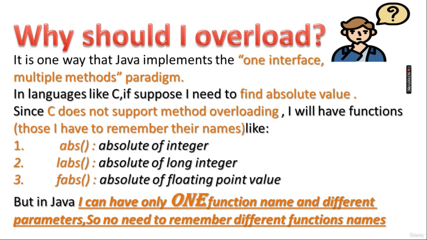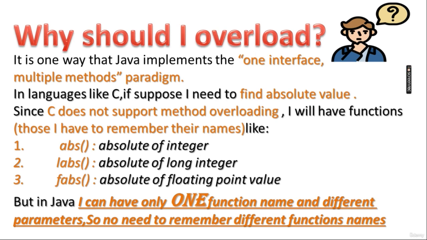So now what is the question? Why should I overload? Why should I use method overloading? What is the usage? It is the one way that Java implements the one interface, multiple methods paradigm. In languages like C, suppose I need to find the absolute value. So we are considering now languages that do not support method overloading, so that we will understand why should I overload.